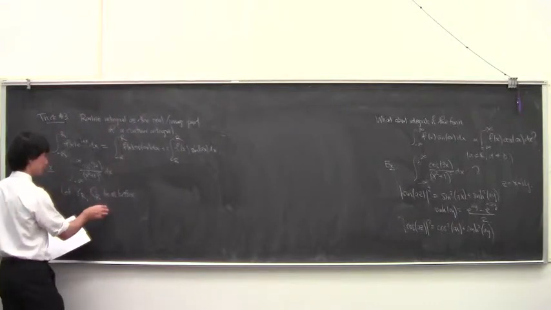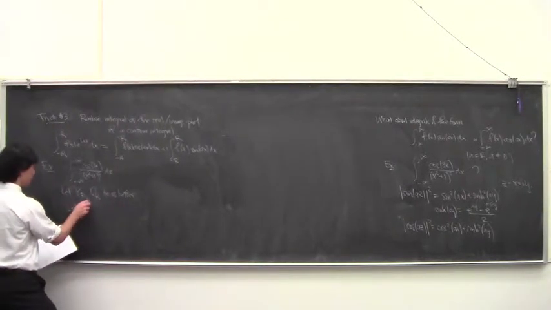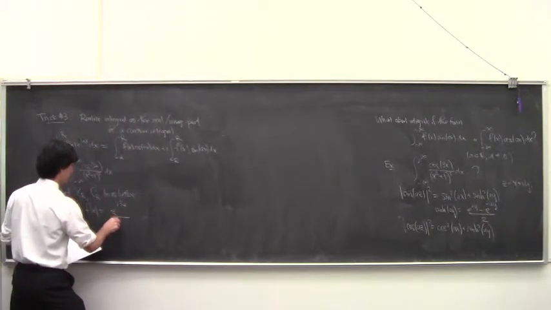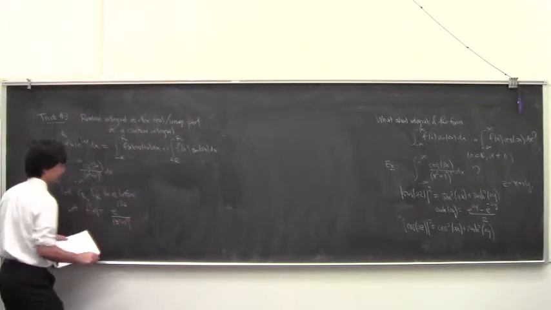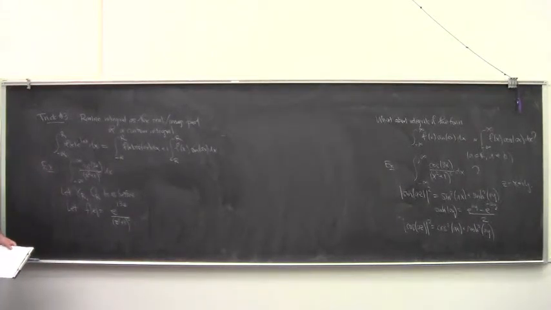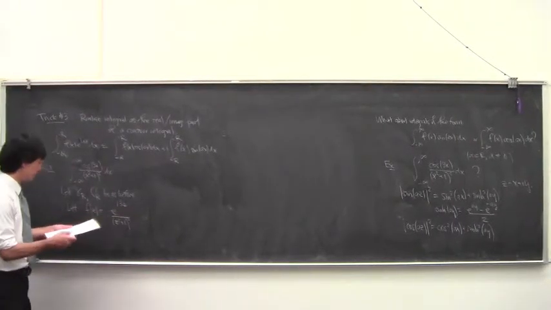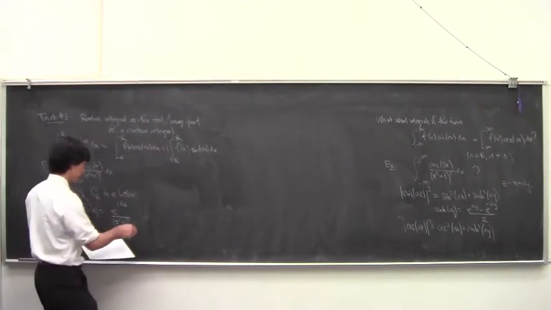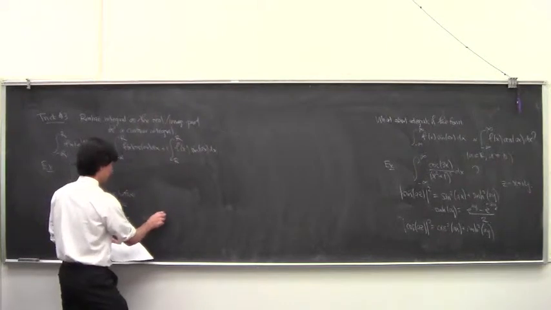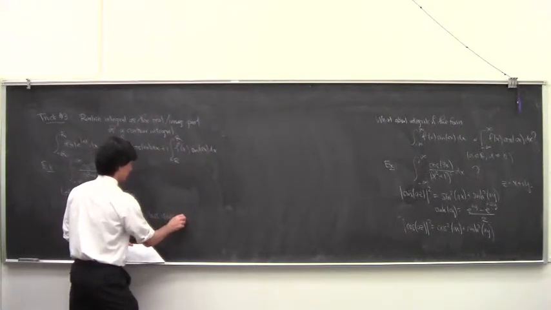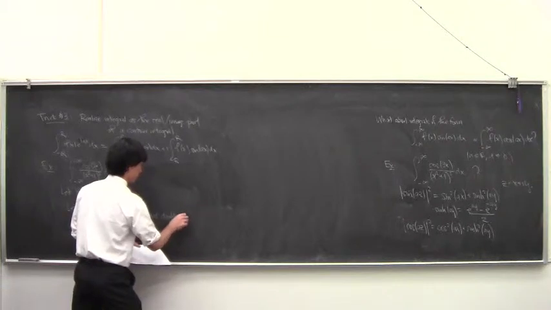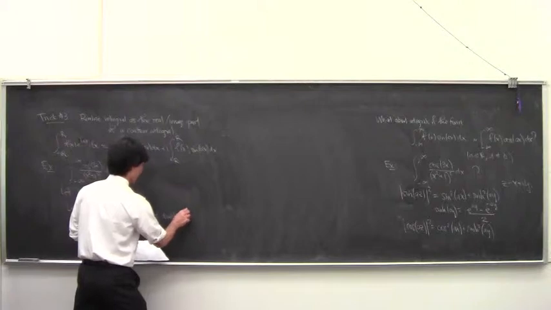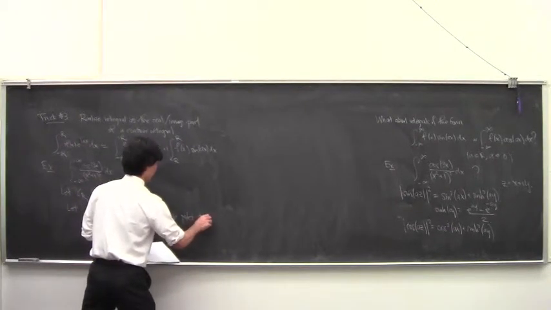And we're interested in f being e to the i 3z over z squared plus 1, squared. What you see is that this thing has double poles at plus or minus i.